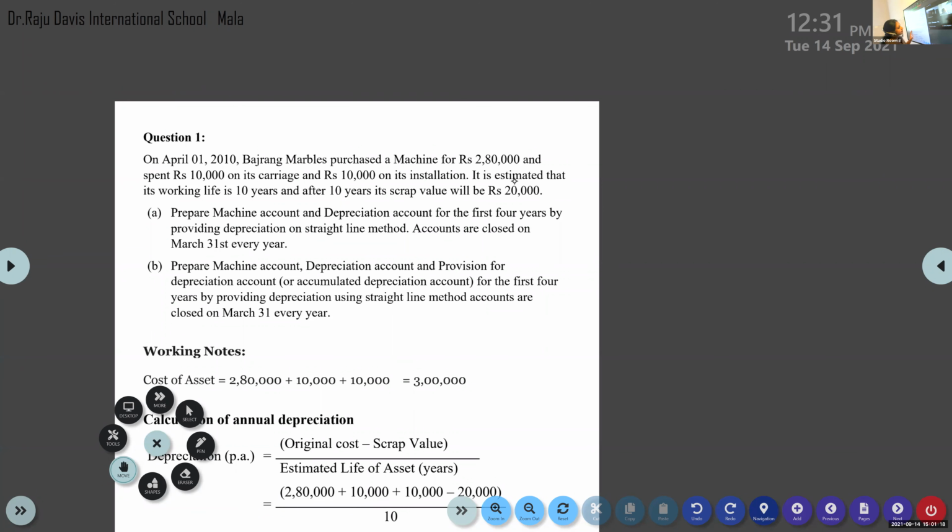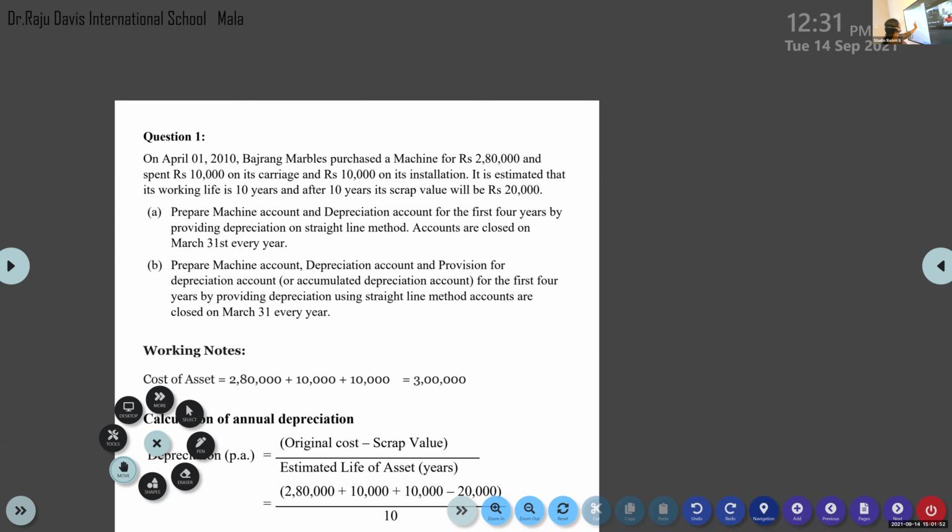So using straight line method, we are going to prepare machinery and depreciation in the first method, that is charging depreciation to asset account, and also in the second method by opening provision for depreciation account. Is the question clear? Did you understand the question? Yes?